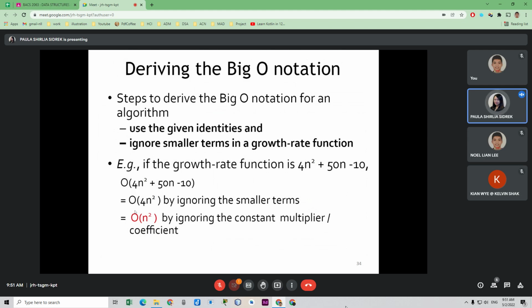You must remember, whenever you want to derive big O notation, smaller terms should be ignored, because as you process, you only are going to see what is the bigger growth rate function, which is this. Therefore, everything comes to, at the end of it, whether O(n) or O(n squared), depending on what you have here. So this is the n value you have for that question.